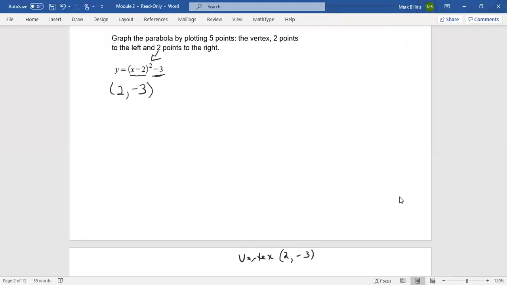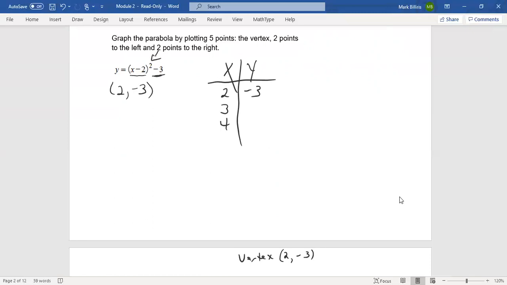And now we need to find points to the left and points to the right. So in our graph, since our vertex is 2, what we want to do is use the x value of the vertex 2, which we already know the y value is negative 3. And we're going to choose 2 points to the right, 3 and 4.